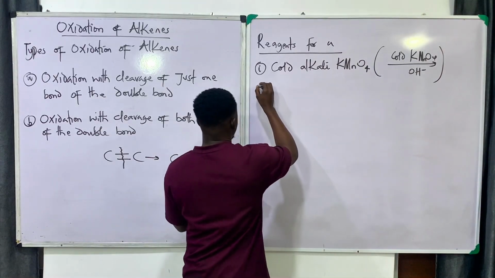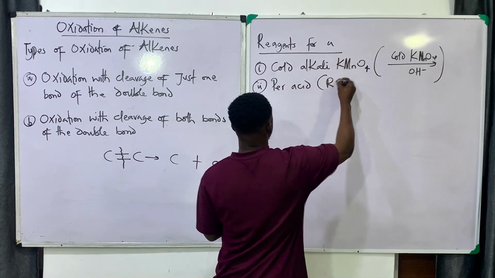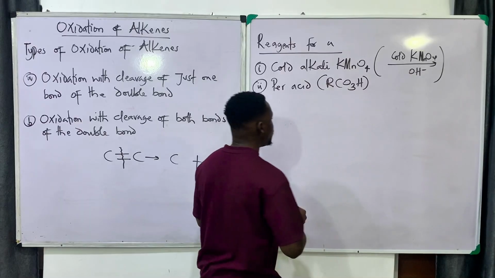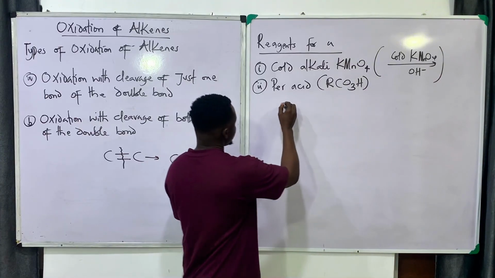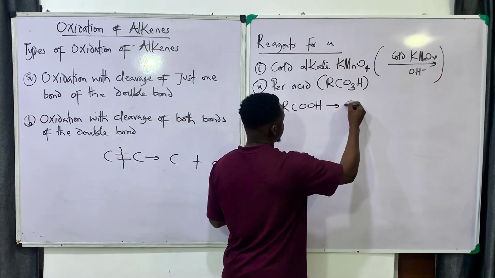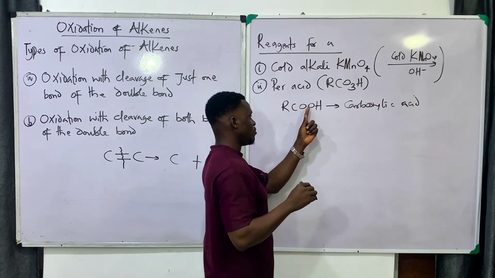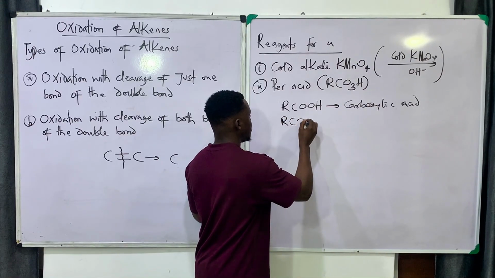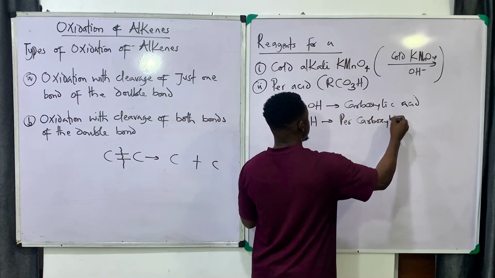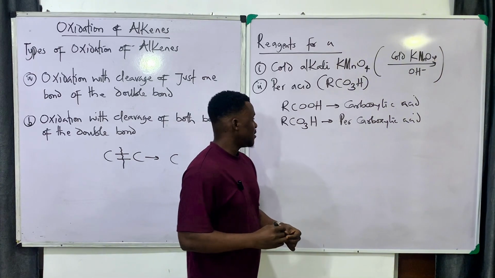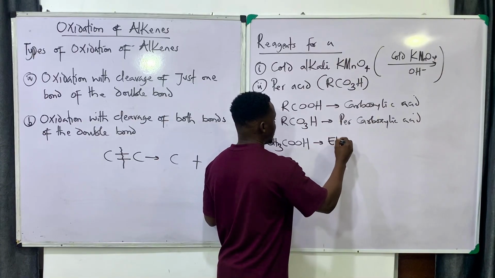The next one, still under A, is peracid. Peracid has this formula. Why do we call it peracid? Remember that RCOOH is a carboxylic acid. If I increase the O from 2 to 3, RCO3H, this now becomes a percarboxylic acid. For example, CH3COOH is called ethanoic acid.